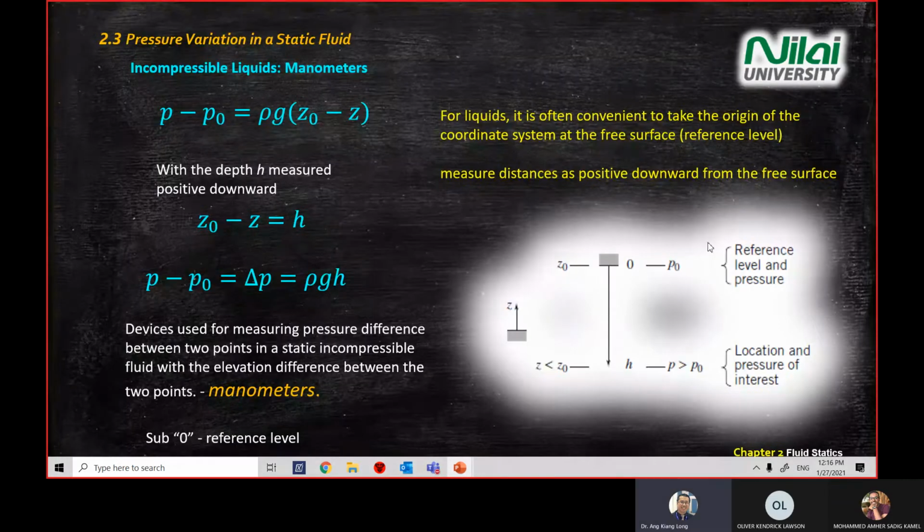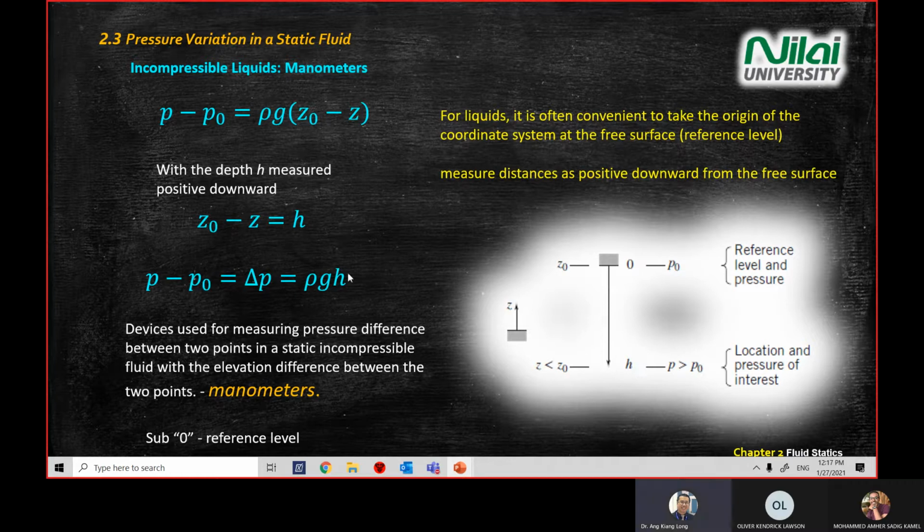If you look at the diagram here, if your Z is going down, the pressure will increase. Just a rule of thumb. Every time you go down from a reference point, your pressure will increase.